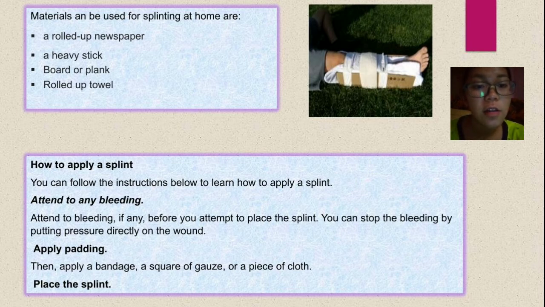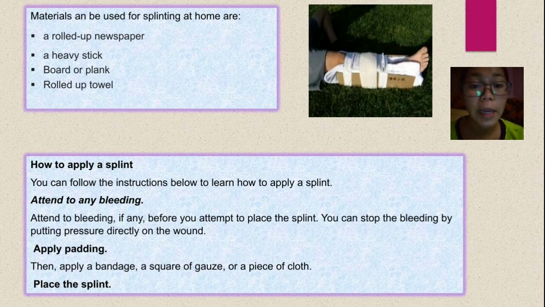The materials that can be used for splinting at home are the following. We have the rolled up newspaper. You can use it for splinting if you can't find anything else at home. Rolled up newspaper, heavy stick, board or plank, then rolled up towel. These are things that can easily be found in our homes.